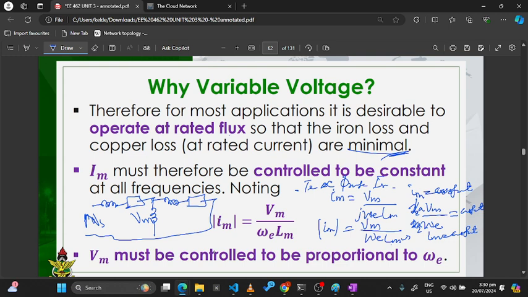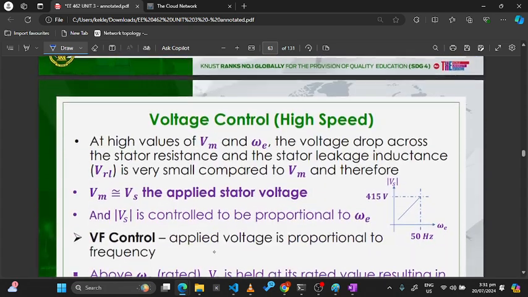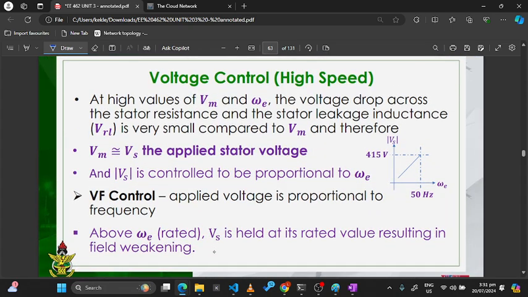Okay, so for the first we solved a question earlier where we applied this principle. Okay, so then Vm must be controlled to be proportional to omega E. I hope now it has sunk in. Okay, so then let's look at something. At high values of Vm and omega E, the voltage drop across the stator resistance and the stator leakage inductance, VRL, is very small compared to Vm.